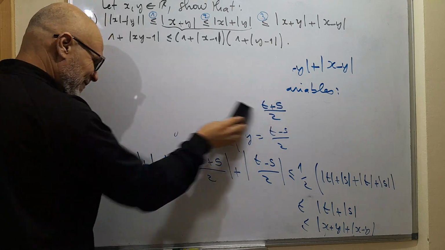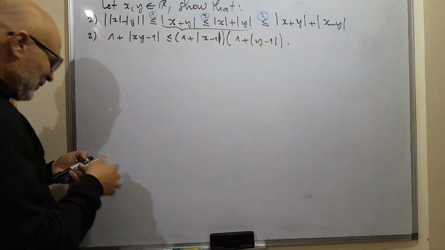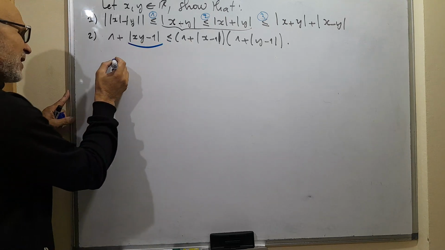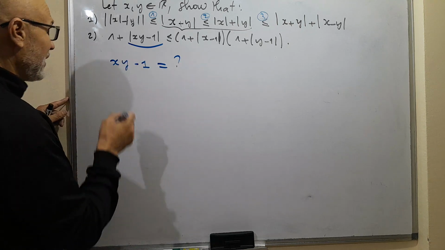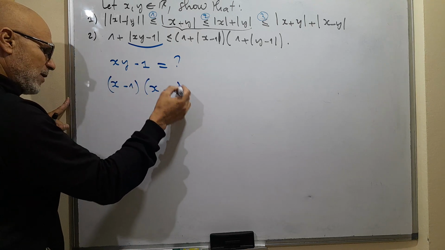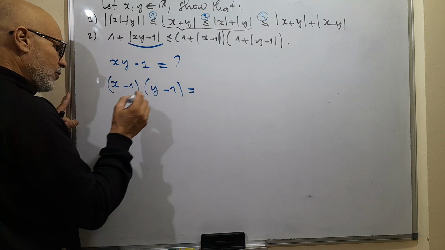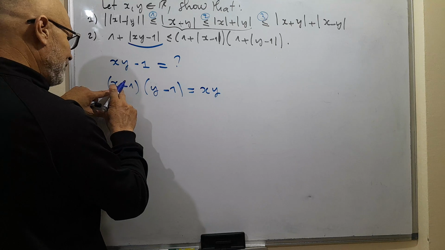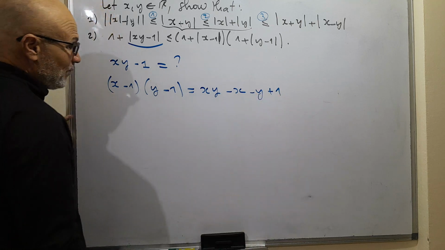For the second question, we take this first. We have xy minus 1. This is how we can write it. I prefer starting from x minus 1 times y minus 1. This is equal to xy minus x minus y plus 1.